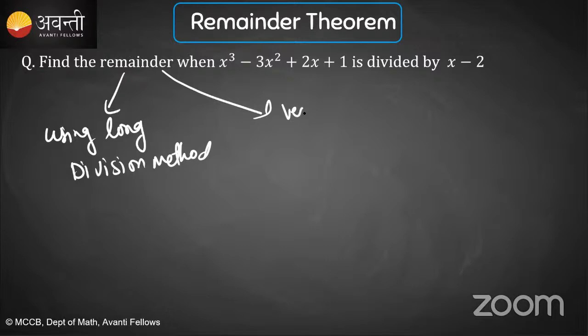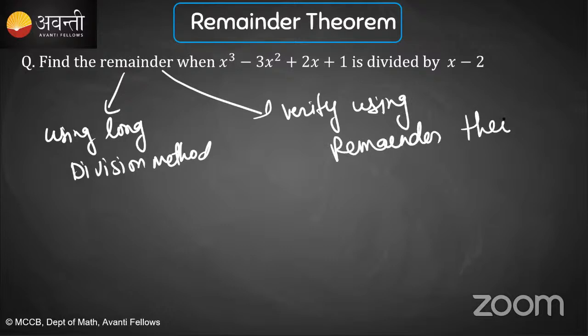So this is your homework. You have to do the division with the long method and then use the remainder theorem to verify the result.